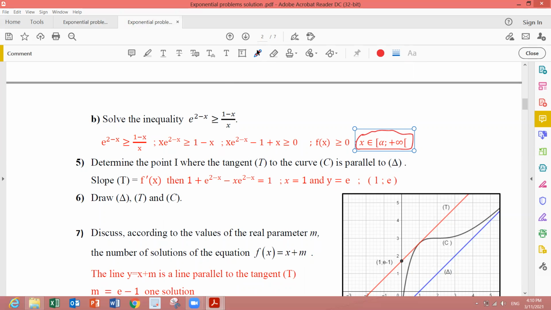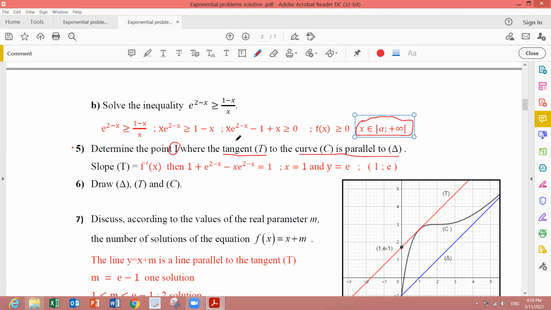Part 5. Determine the point I where the tangent T to the curve is parallel to delta. Two lines are parallel if and only if they have the same slope. The slope of the tangent is f prime x.